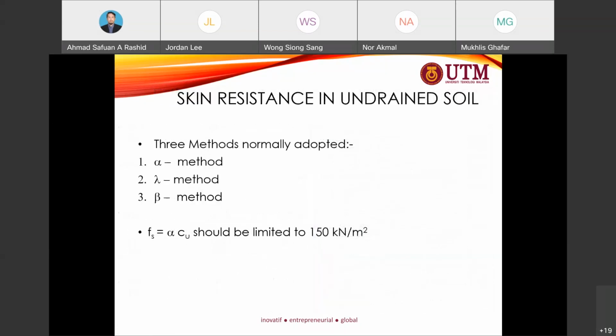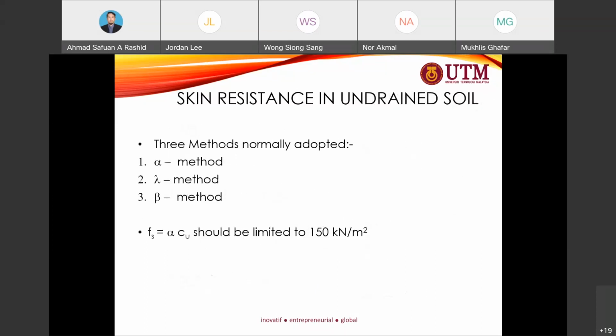So for skin resistance in undrained soil, this is for the clay soil. We have three types of method: alpha, gamma, and beta. For Fs equal to alpha Cu, it should be limited to 150 kilonewton per meter square.